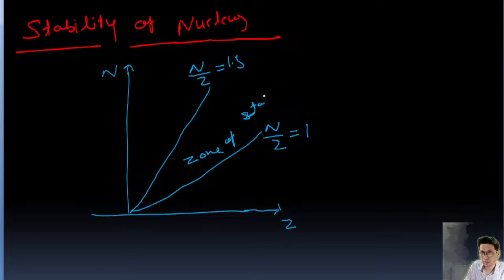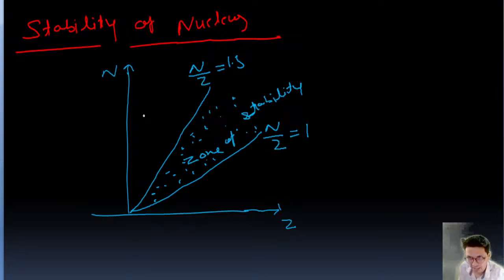If the ratio of N upon Z is between 1 to 1.3 for any nucleus, then that nucleus is a stable nucleus, guys.